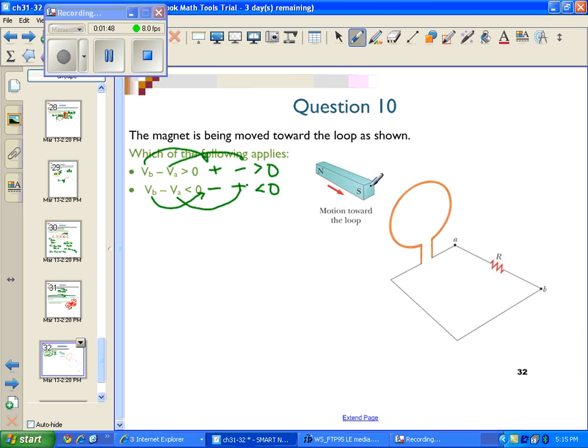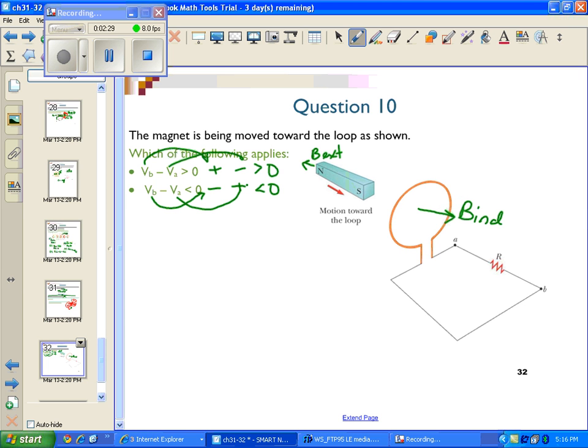So now we're going to apply Lenz's law to make a determination of which of the two applies in this case. Well, we can see that there's a south pole which is approaching this loop, and the external magnetic field points out of the north. Because this loop sees that the external magnetic field is increasing towards it, it tries to prevent that increase from occurring, and so it produces an induced magnetic field in the opposite direction.